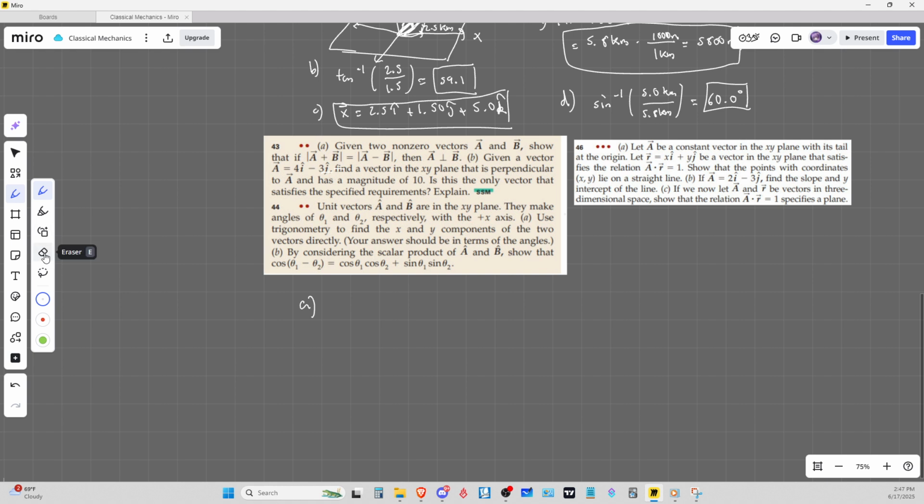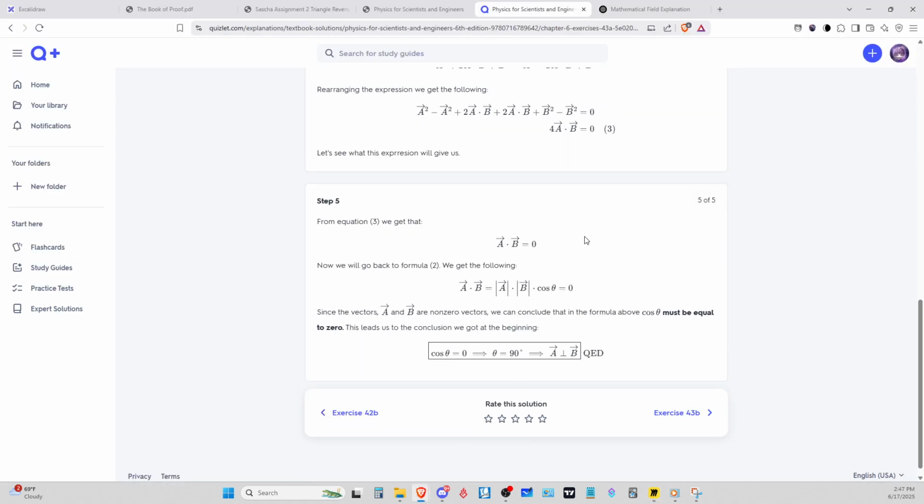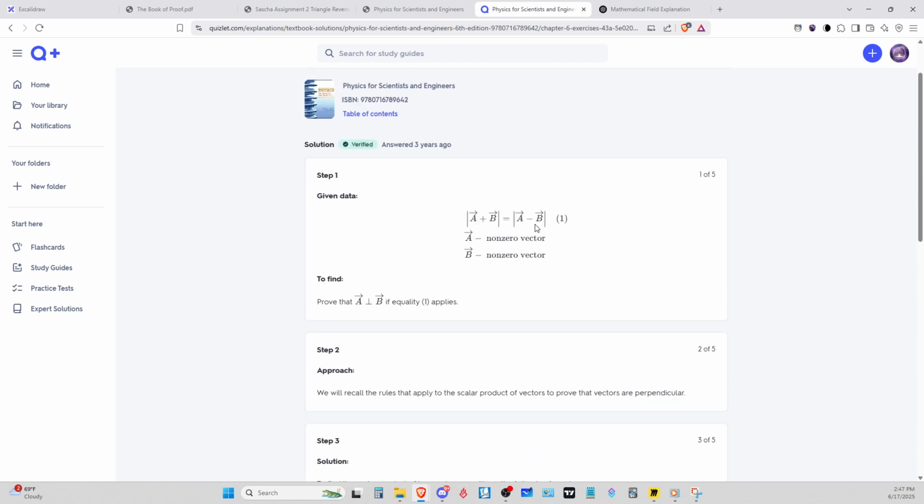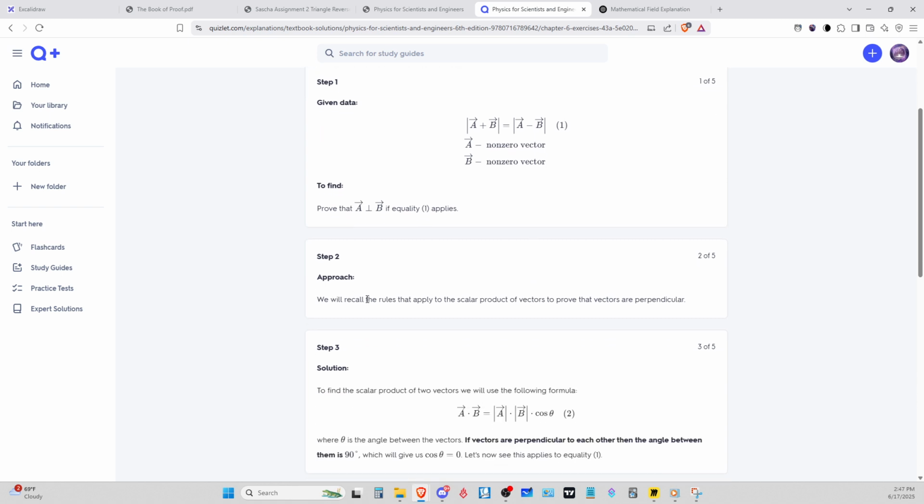Oops. Didn't mean to mark it up like that. That's fine. I won't erase it, because if I erase it, I'll get rid of this too. Let's look at the question and see. It's a non-zero vector. Prove this.